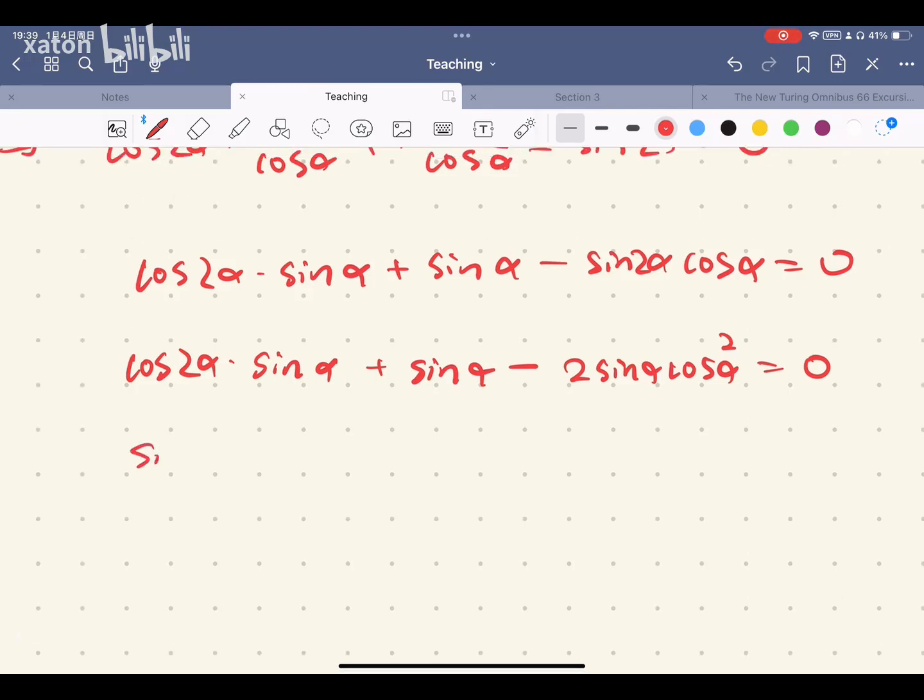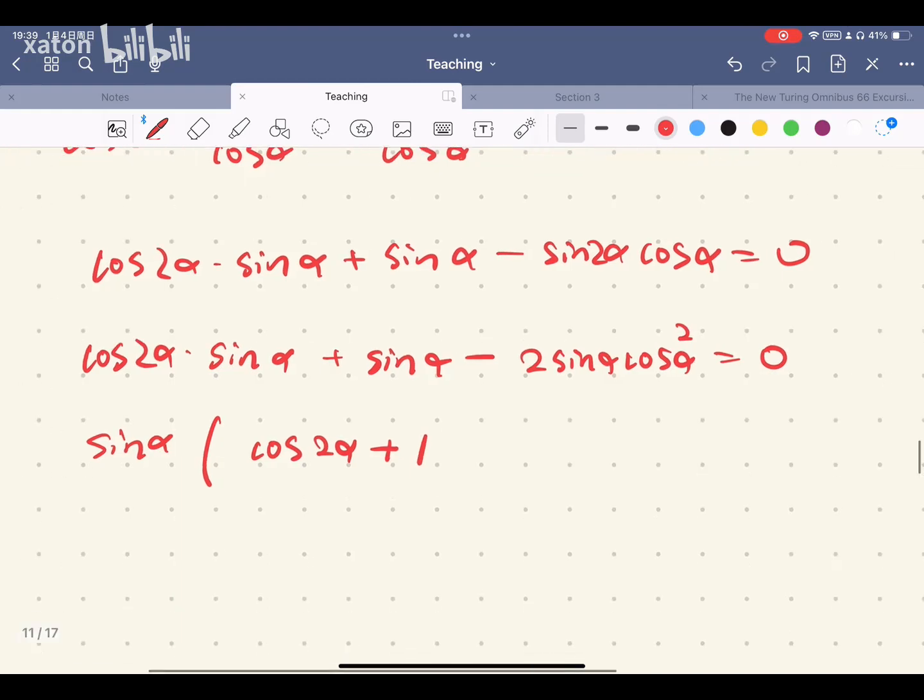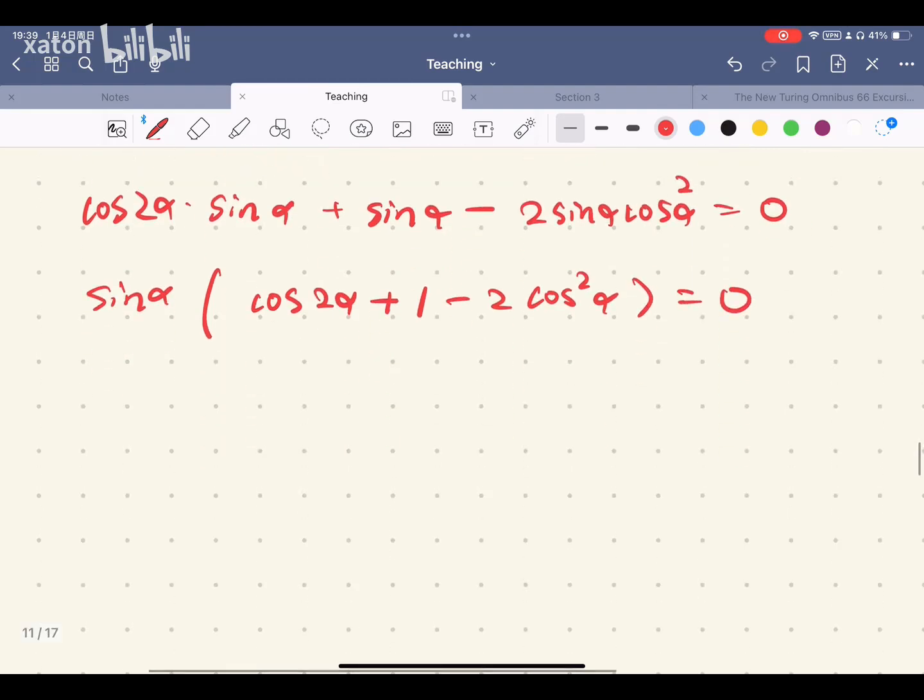And let's see what happens. Okay, so sine alpha times cosine 2 alpha plus 1 minus 2 times cosine alpha equals 0. So what is in the bracket is actually the double angle formula of cosine 2 alpha, which only involves cosine alpha, as I read on the right hand.